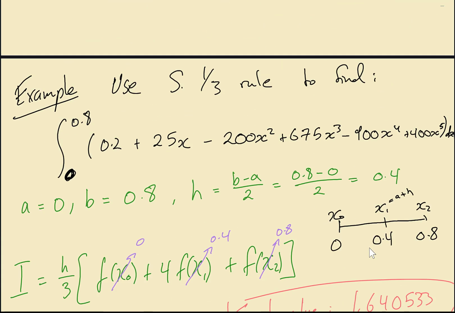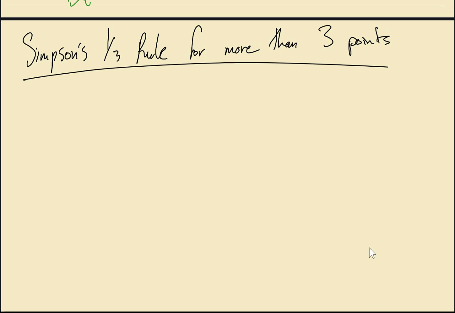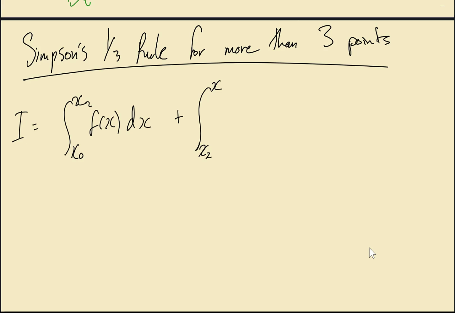So in that case, it's going to look like I equals the integral from x0 to x2 of f of x dx plus, what's the second integral going to start from? From x2, because we're building on from there, and it'll go to x4.